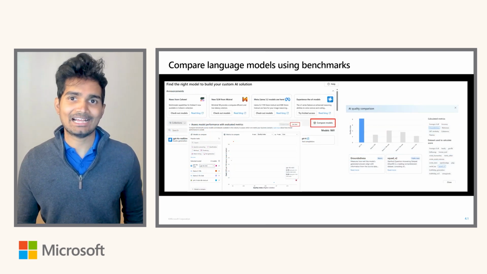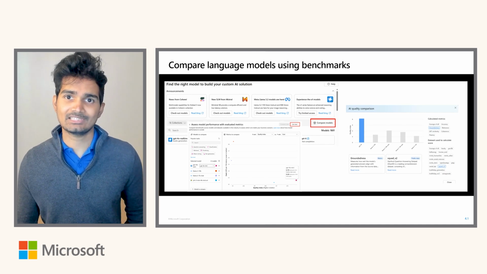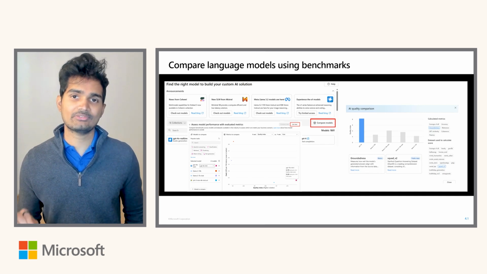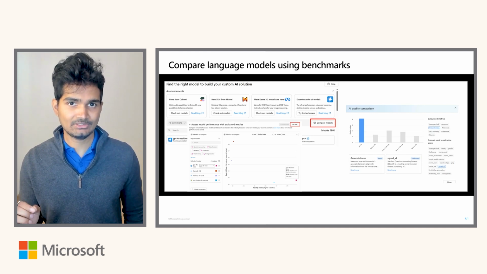Remember that Azure AI Foundry supports model benchmarking for select models, and they are popular and frequently used. Benchmarking helps you assess model performance across various metrics, making it easier to compare and select the best model for your needs.